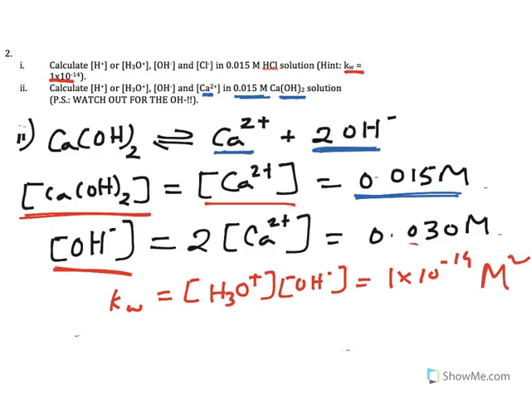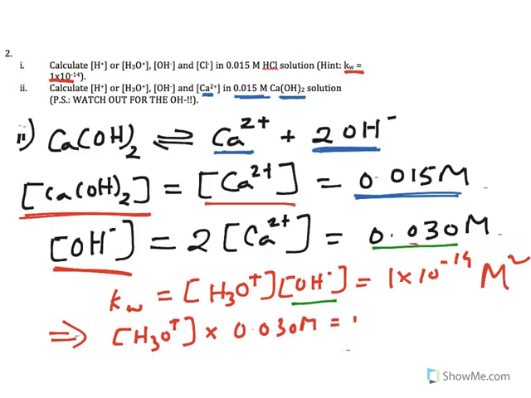Now, we know that the concentration of OH minus is 0.030, so we can plug that in. So we have H3O+ concentration times 0.030 molar equal to 1 times 10 to the power of negative 14 molar squared.